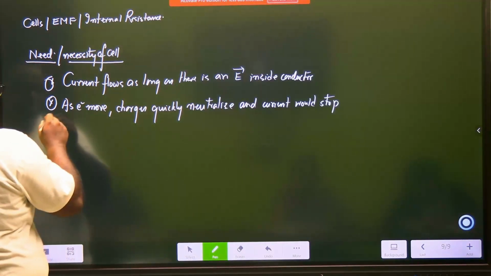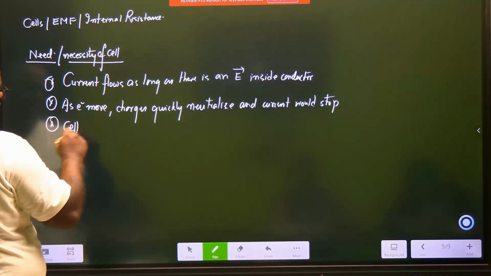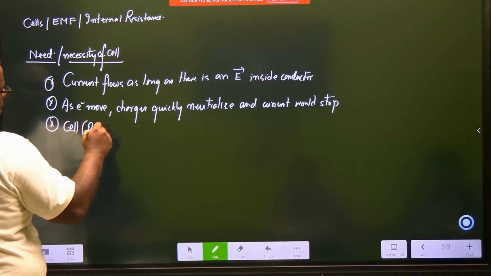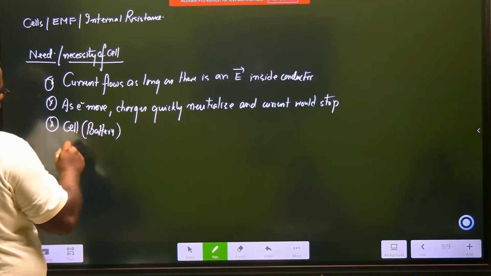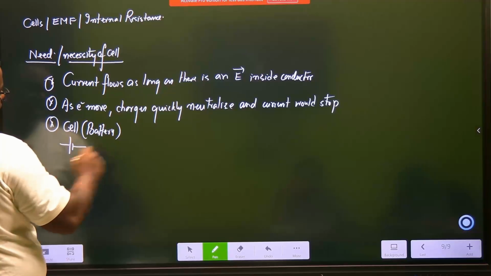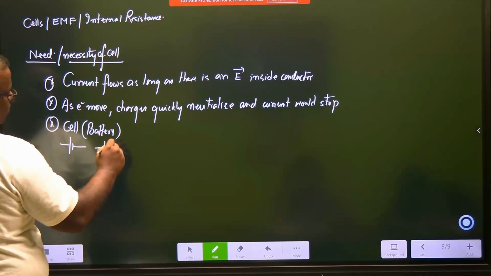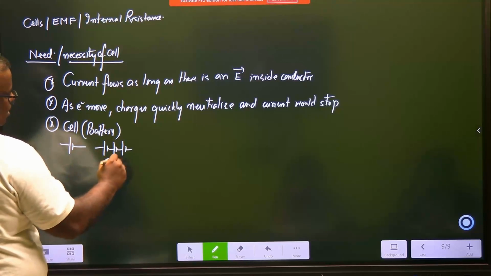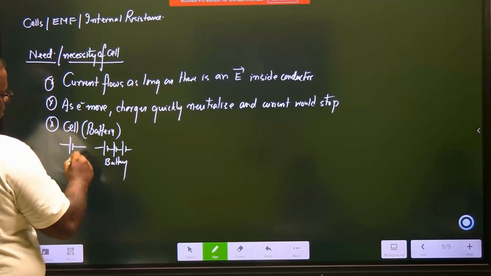So here comes your savior, which is known as a cell, or we can also use the word battery. What is a battery? A battery is a combination of cells. This is a cell, and this with again this, with again this. This is known as a battery, and this is your cell.